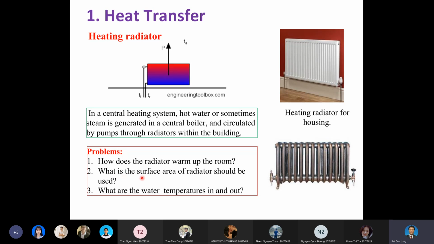So what is the surface area of the radiator that should be used? As I discussed before, and what are the water temperatures in and out? So all this you have to consider for the design process.